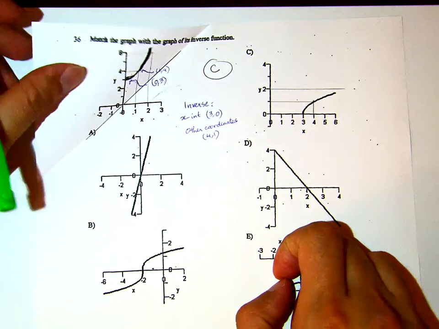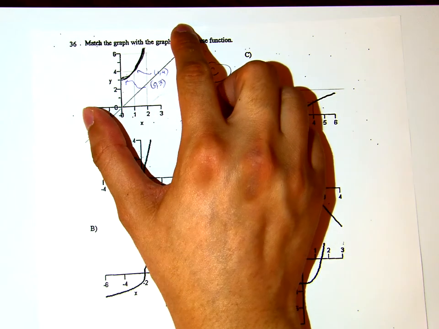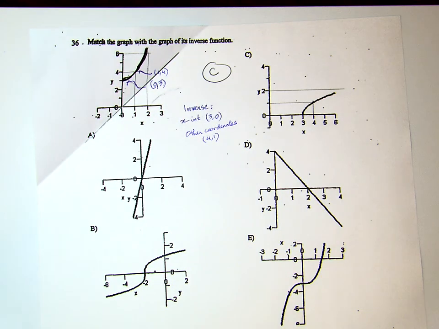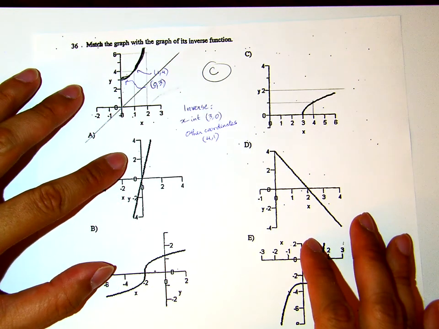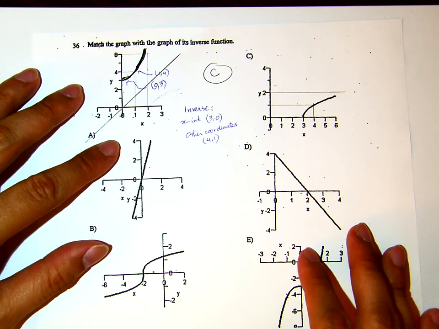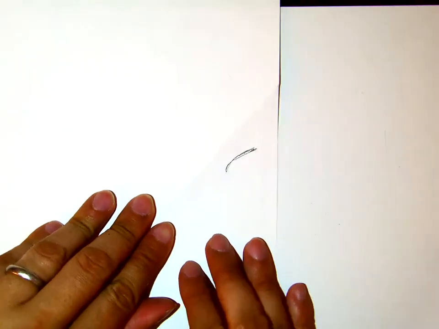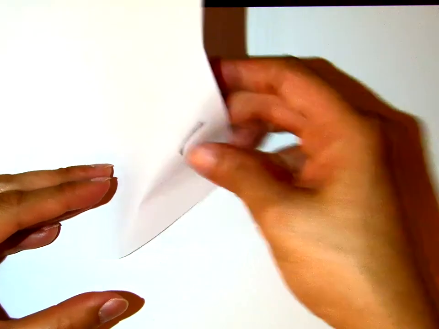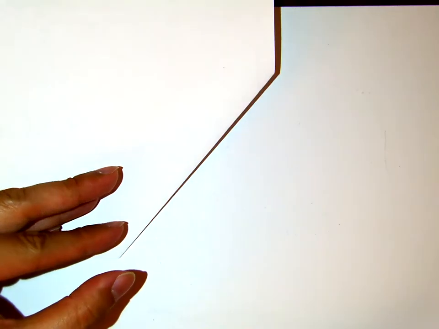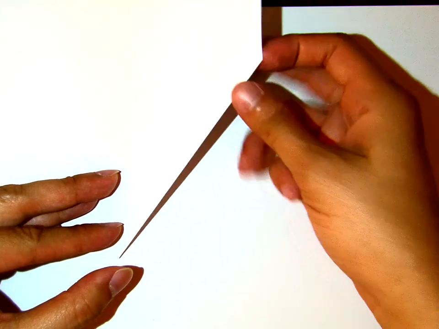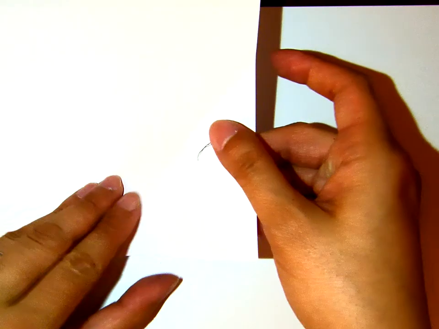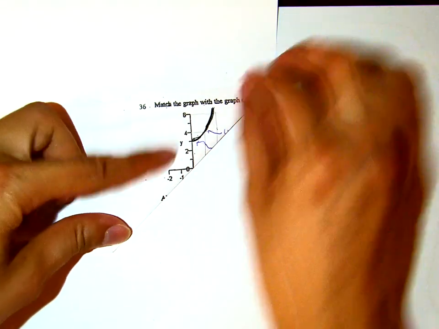Okay. Now, inverse function is swapping x and y. X becomes y, y becomes x. So what happened to the graph is you reverse the axis of x and axis of y. Whatever the graph you have there, you reverse it this way. Okay? This is the axis. Originally, it looks like this.